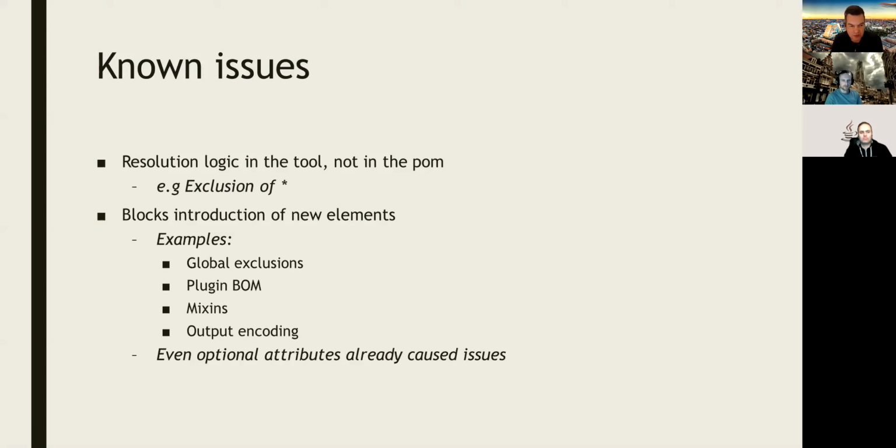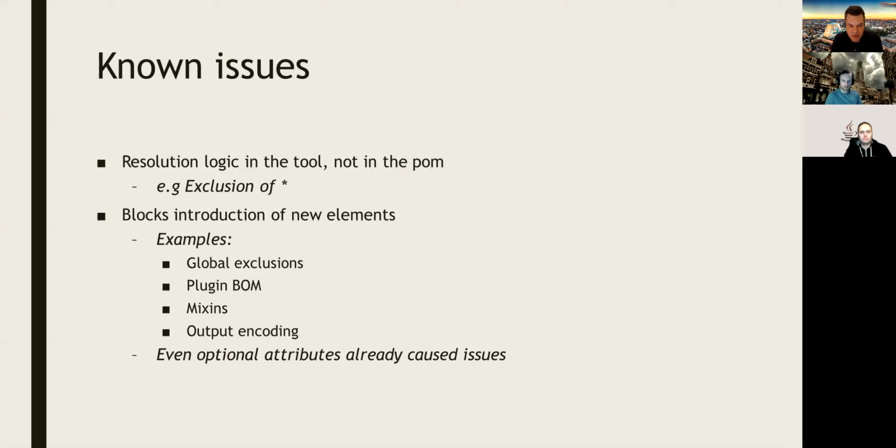Right now, you can do it for dependencies, but not for plugins. Mixins is the idea of having multiple parents, or having the effect of having multiple parents. But it's kind of complex to solve that. And one is the output encoding. Now you have to specify it with a property, but it would make more sense to have it as part of the POM file itself.